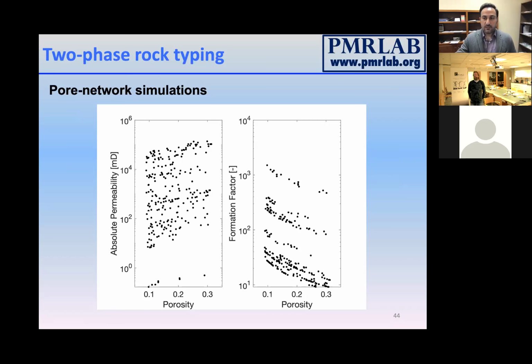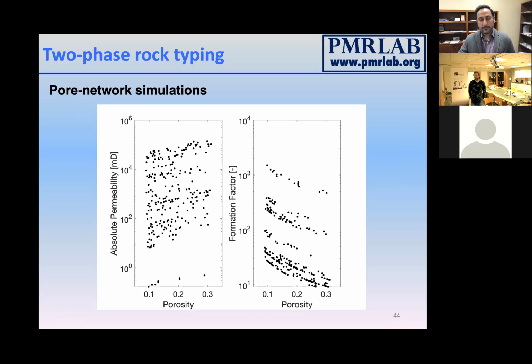The other thing is Dr. Mirzaei, my colleague, provided us some experimental data, and we have capillary pressure curves and relative permeability curves. We're going to evaluate this two-phase rock typing using experimental data. We haven't done that yet, but that's on the horizon to be done, hopefully after the holiday season.